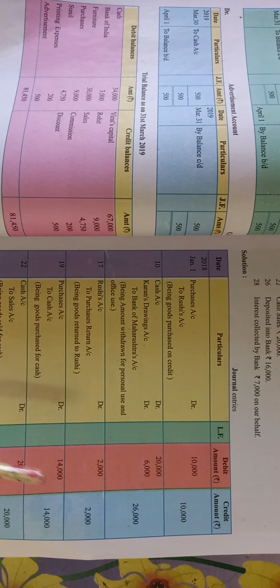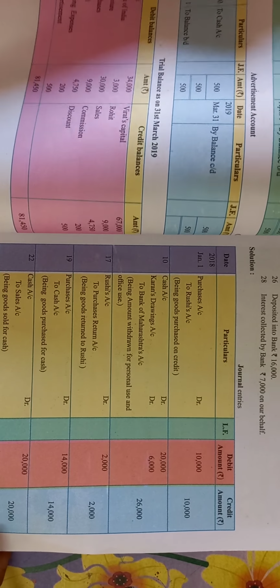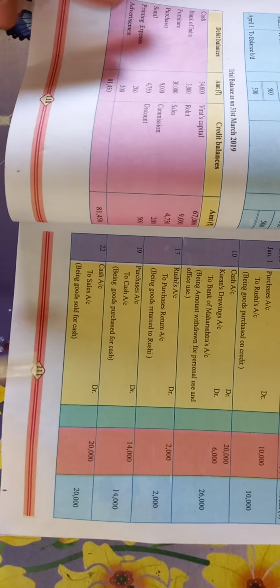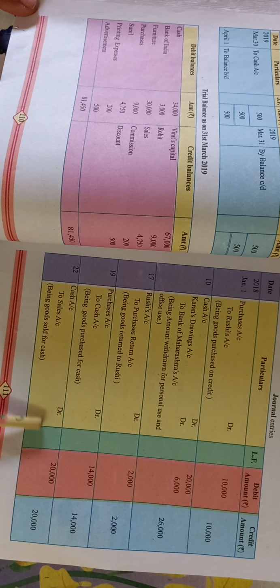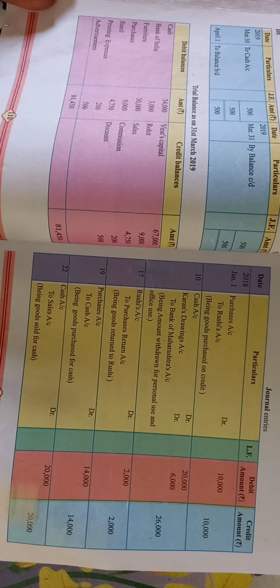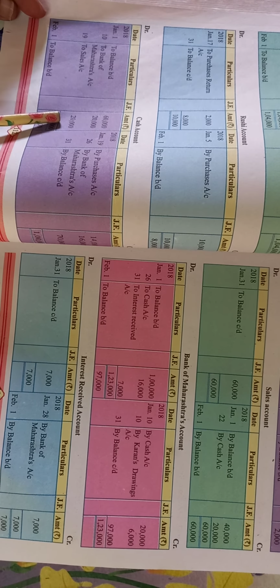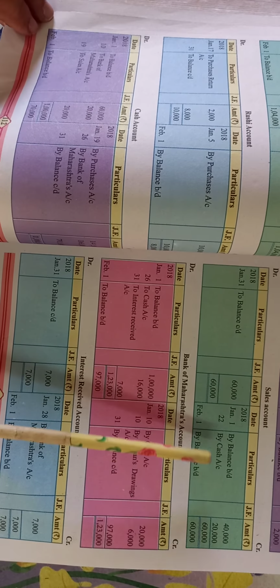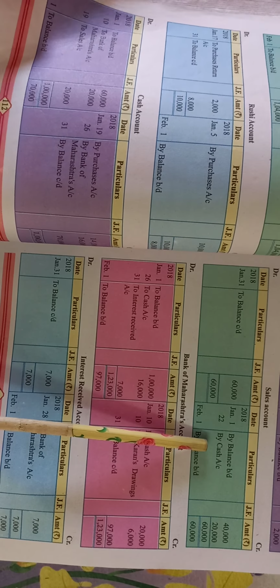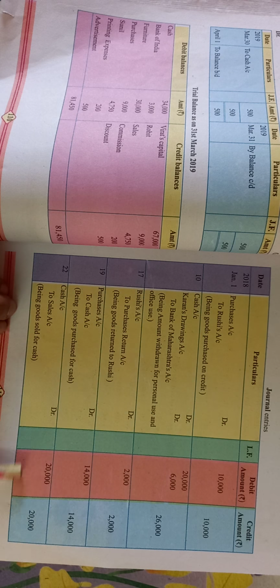After that, next date, 22nd. Cash account debit to sales account credit. So in cash debit we are recording to sales account 20,000. And here we have to open another account, sales account. So what will come on the credit side of sales?